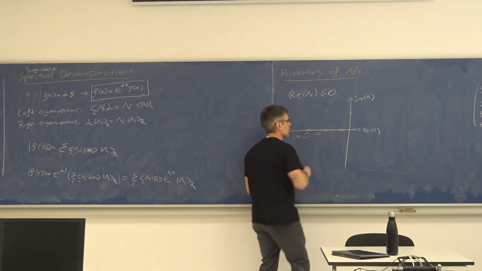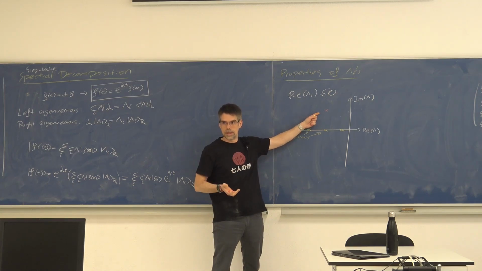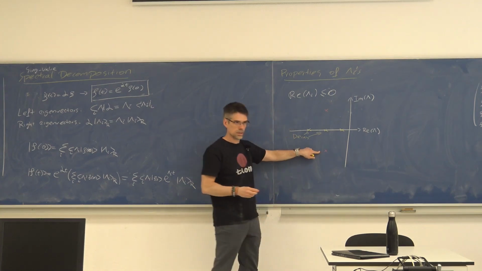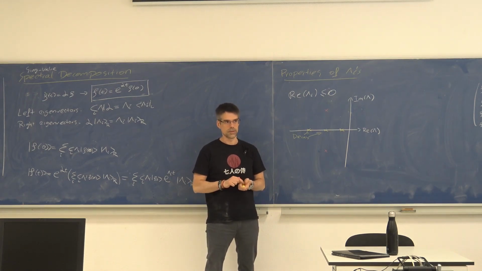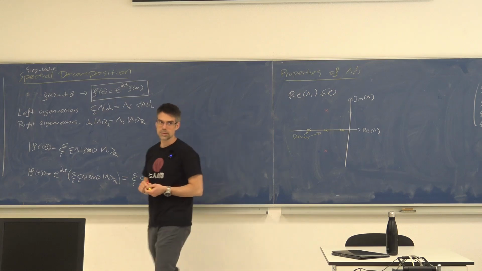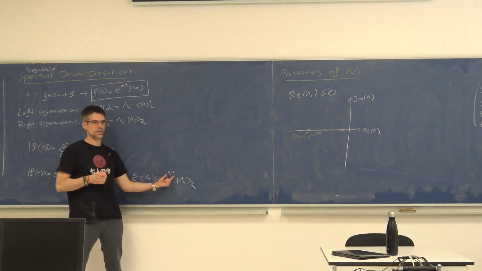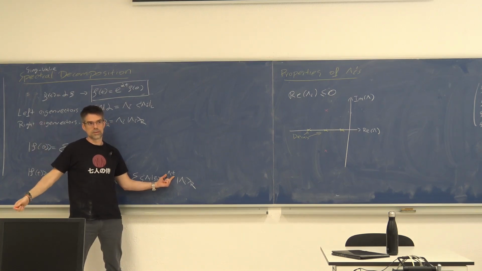If we have an eigenvalue with an imaginary part, we can also prove that you should have its complex conjugate as an eigenvalue. What will happen with this kind of eigenvalue? Now lambda i is a complex number, so there will be oscillations, but it also has a negative real part.